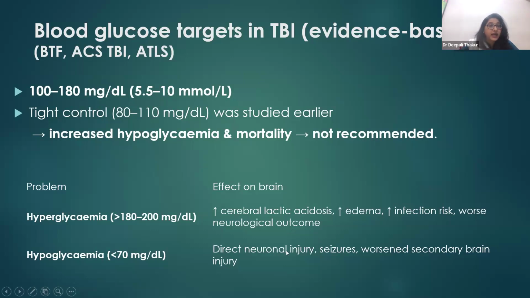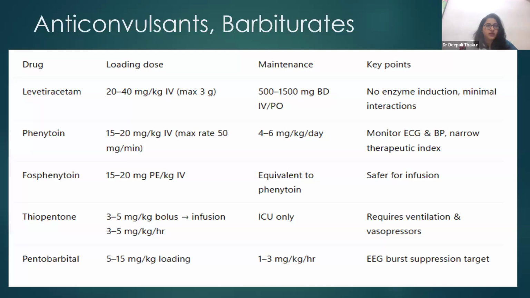And hypoglycemia may at times cause seizures, direct neuronal injuries, and we have to be watchful about hypoglycemia, especially when you are treating pediatric head injury patients, right? Anticonvulsants, yes, mainly we are using phenytoin and levetiracetam, loading dose followed by maintenance dose, depending upon the requirement.